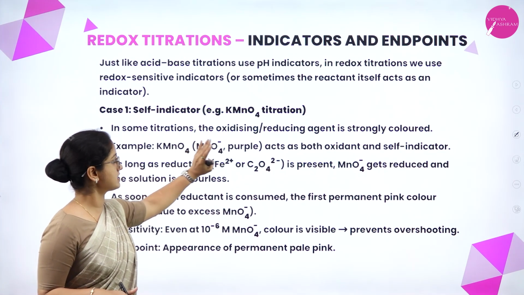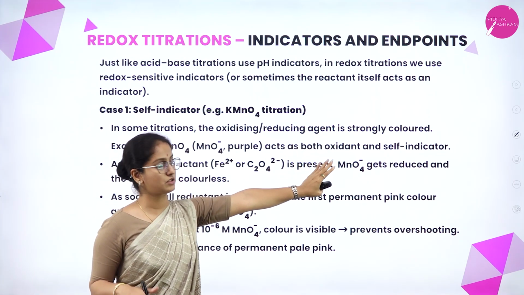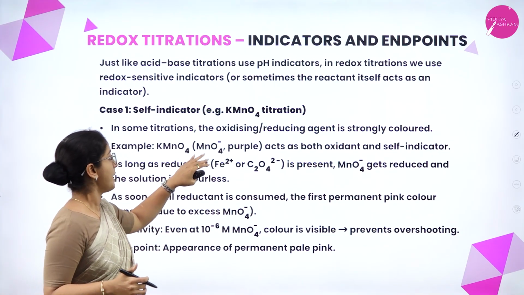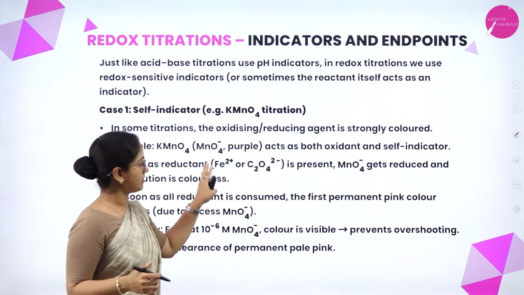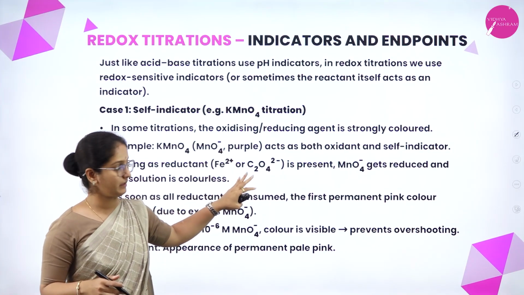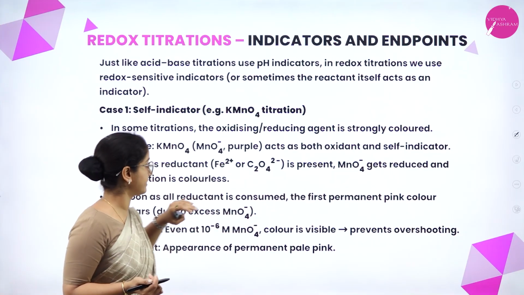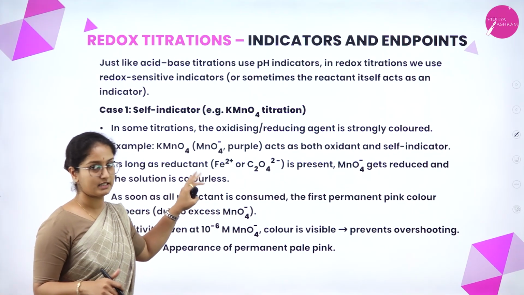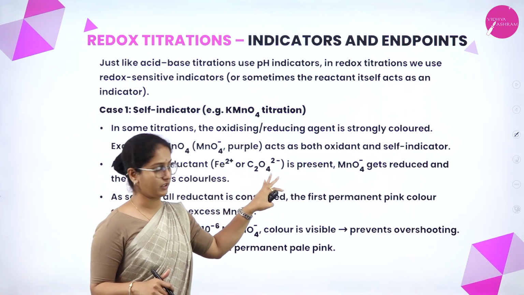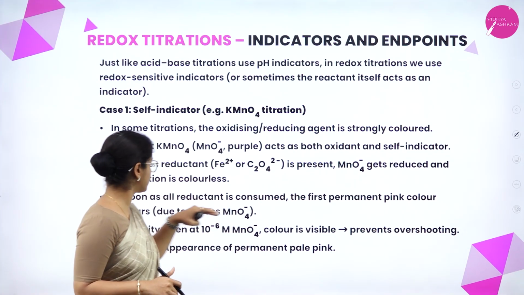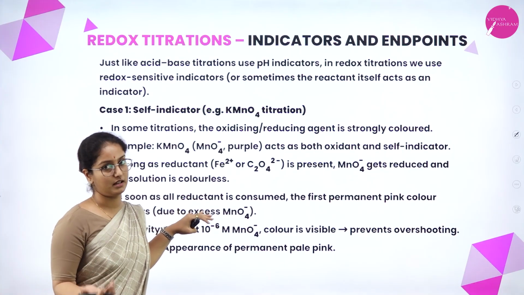In some titrations, the oxidizing or reducing agent is strongly colored. Example: potassium permanganate. Here the permanganate ion, MnO4 minus, is purple in color and acts as both oxidant and self-indicator. As long as the reductant, that is ferrous ion or oxalate ion, is present, permanganate ion gets reduced and the solution becomes colorless.